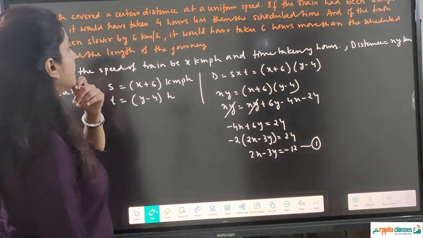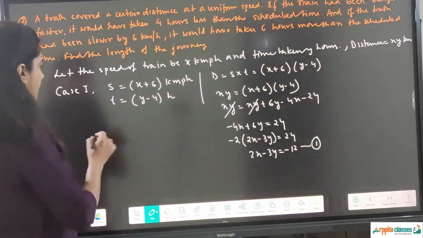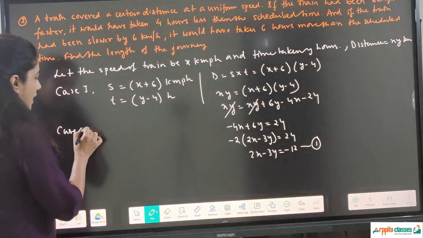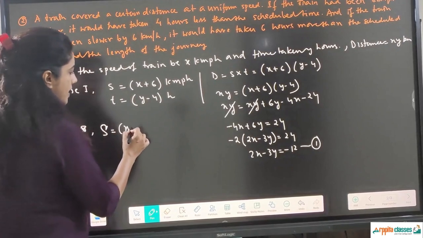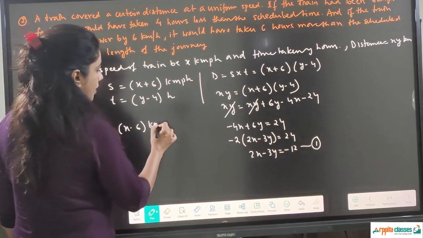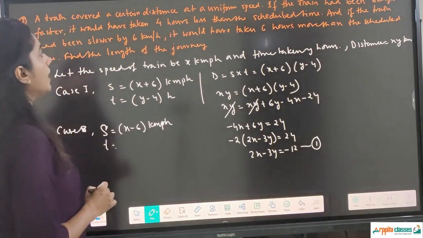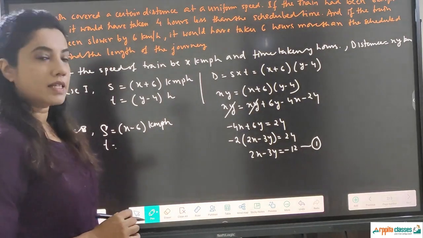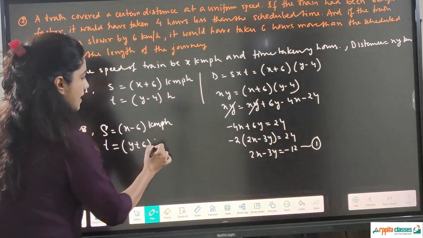Now the second thing they are saying, if the train had been slower by 6 km/h, that means the case 2. In the case 2, the speed is now x minus 6 km/h. Okay, and then the time taken is 6 hours more than the scheduled time. So the scheduled time is y hour. It will take y plus 6 hours now.